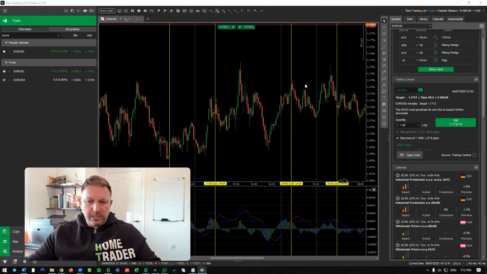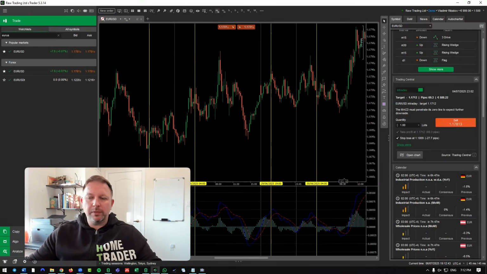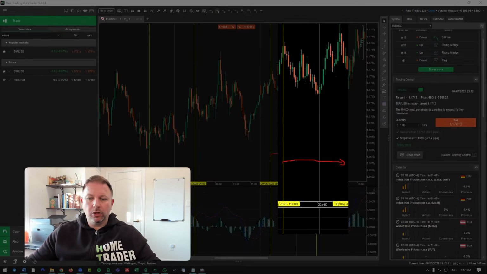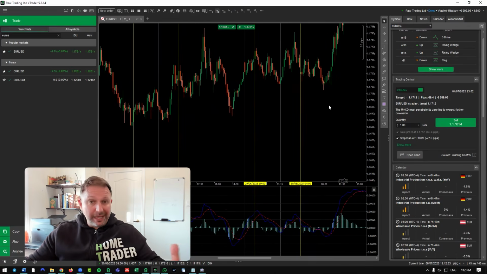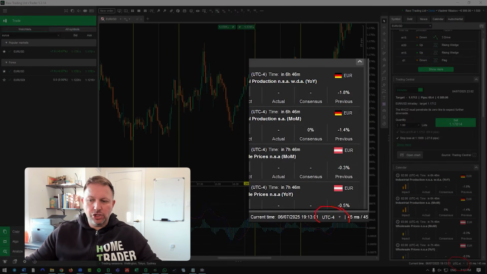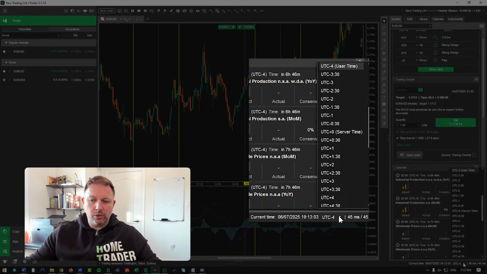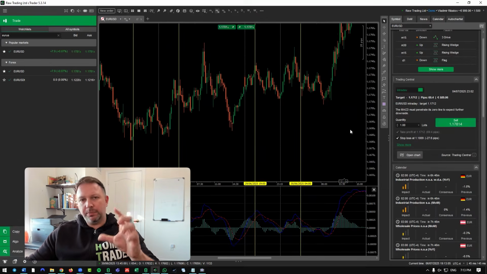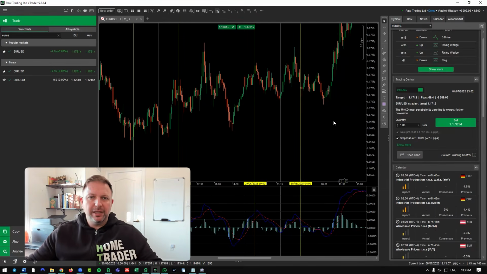As you can see on the platform, I pre-marked the range 7 p.m. to 4 a.m. of my local time. One of the greatest comforts cTrader offers is that if you go here to this zone right at the bottom, you can adjust that to your own time zone and the platform will adjust accordingly.